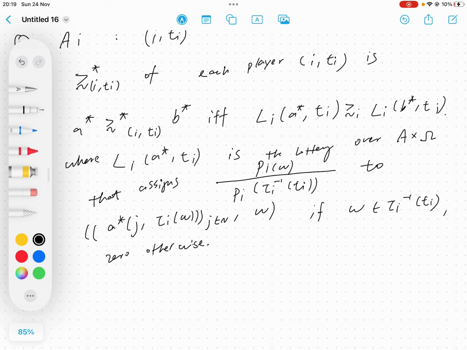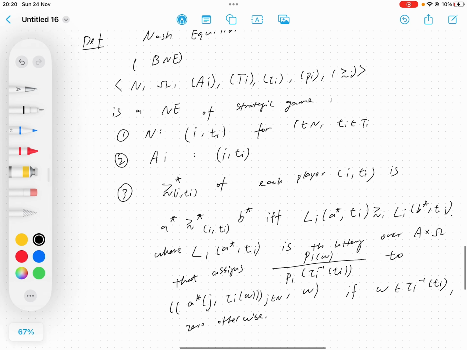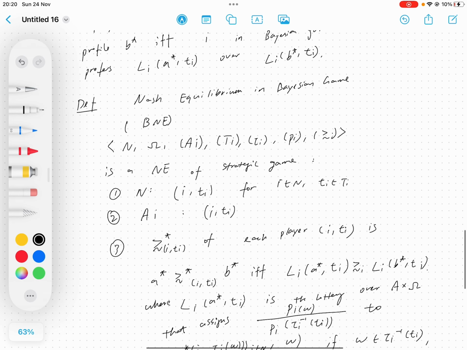It means that the player never needs to compare lotteries in which this distribution is different. So from the perspective of Nash equilibrium, the specification of the players' preferences in the Bayesian game contains more information than is necessary.